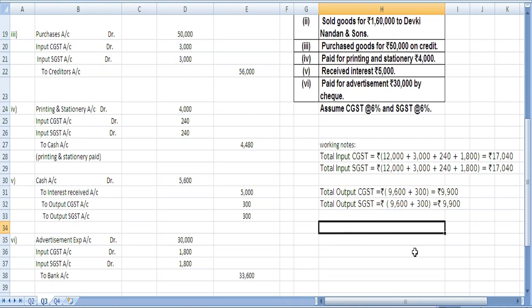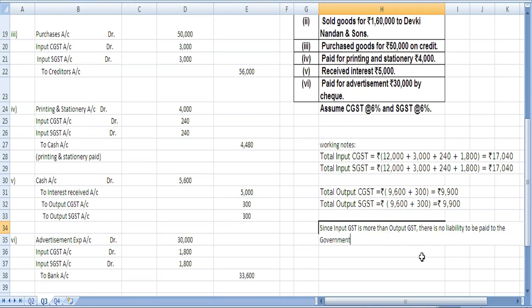Your input CGST. What we did earlier in question number 2, this is the opposite of that. So we'll write here, since input GST is more than output GST, there is no liability to be paid to the government.